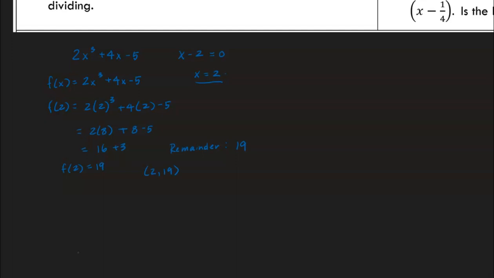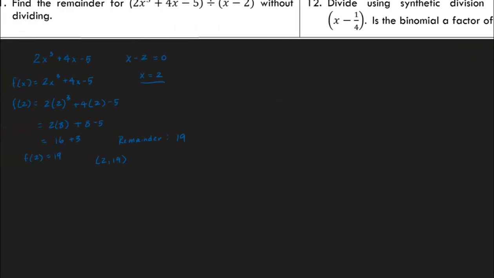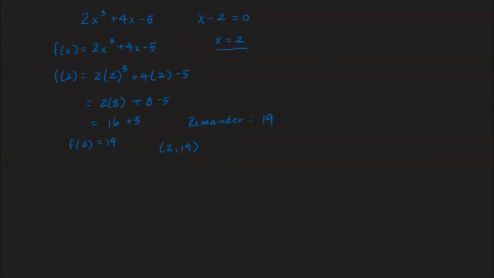Okay. Now, for number 12, it tells you to do synthetic division. One of the things, when the remainder is 0, for example, if I put f of 1 into that function and I get a remainder of 0, that means that that point (1, 0) is going to be the x-intercept.